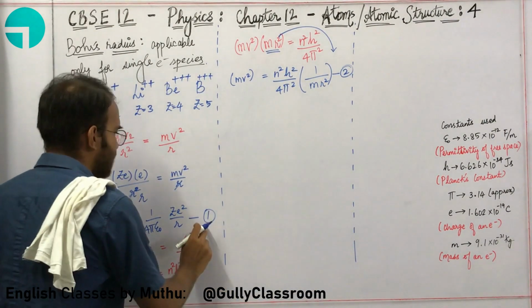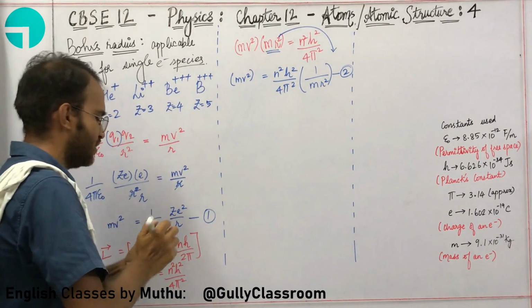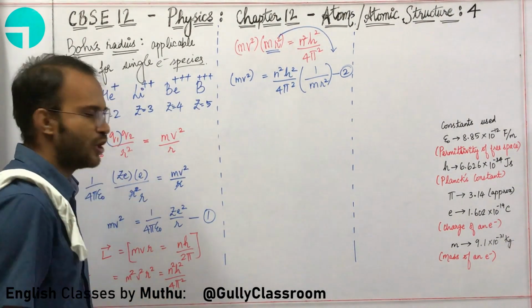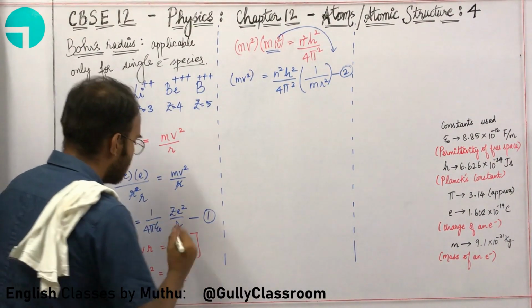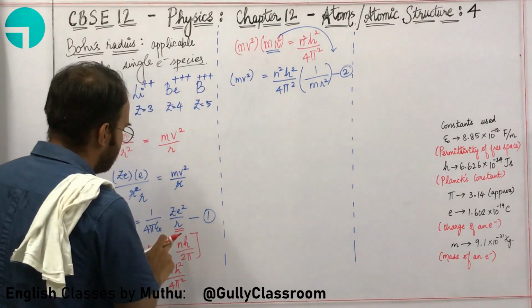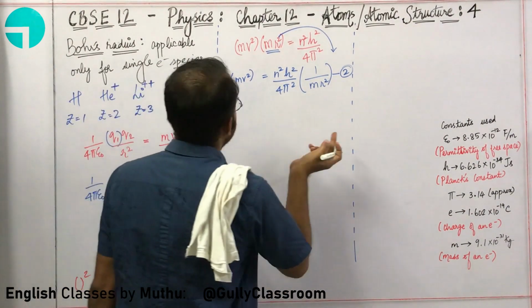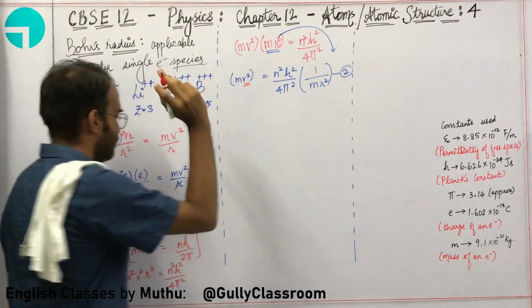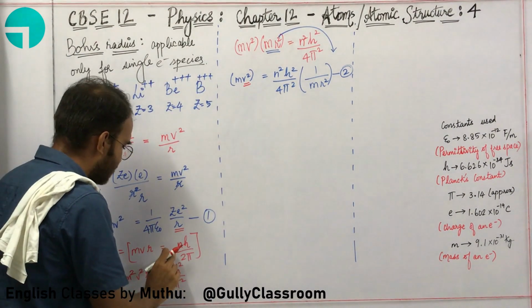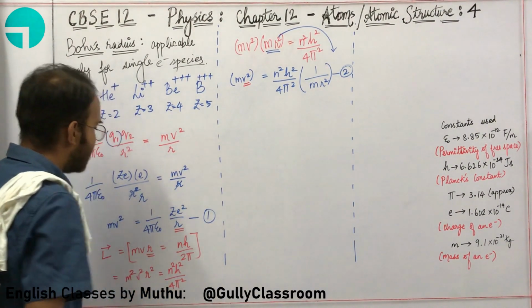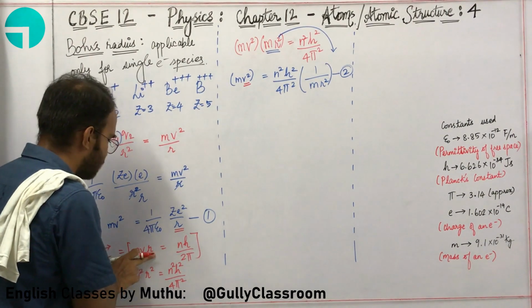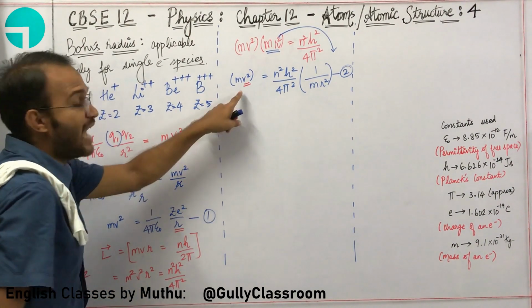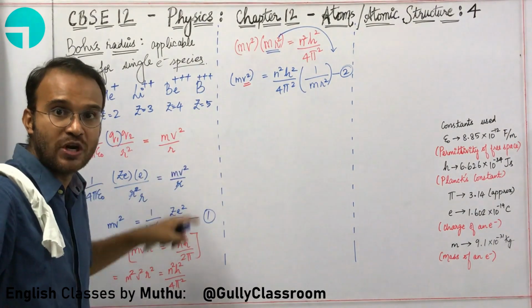Let us note the first equation and the second equation. Here we have two unknowns. What are the two unknowns? The radius of the nth orbital, given by r, and the velocity of the electron, given by v. So I have two equations and two unknowns.